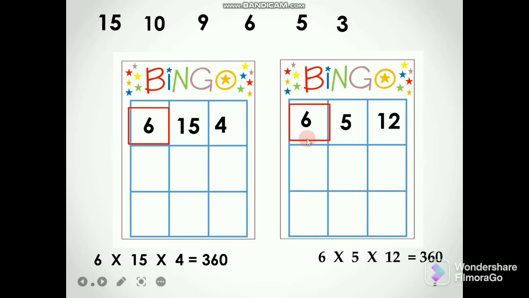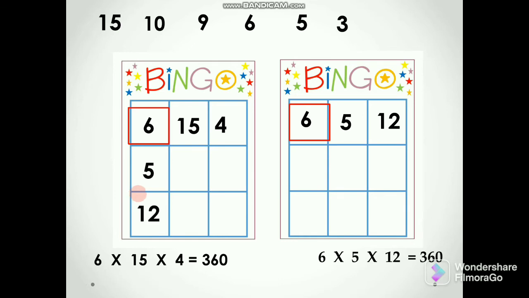So both cards have 6. Again, for 6, there are only two possible answers, since 6 times 6 times 10 is not counted. So we have 6, 15, 4 and 6, 5, 12. For my first card, I already used 6, 15, and 4. So for my column 1, I'm going to put 6, 5, and 12. So I put 5 and 12.